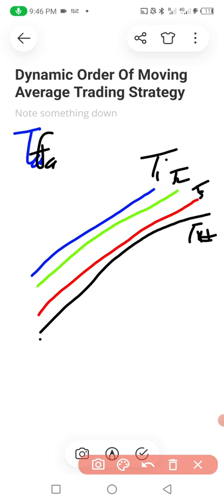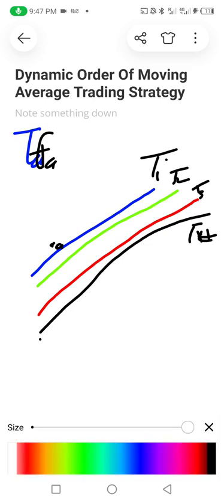Because the curvature is upwards. A tangent line drawn on any of these moving averages has a positive slope, a positive tangent. Let's select a point on this line.